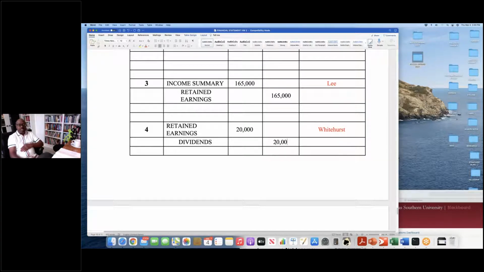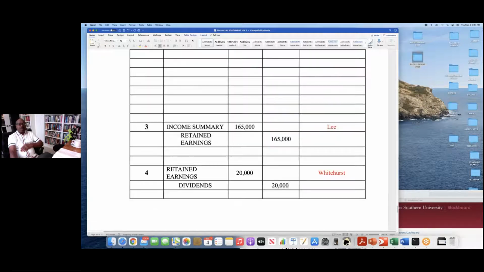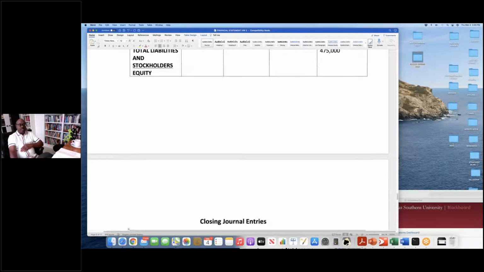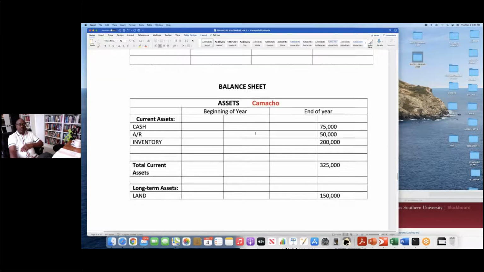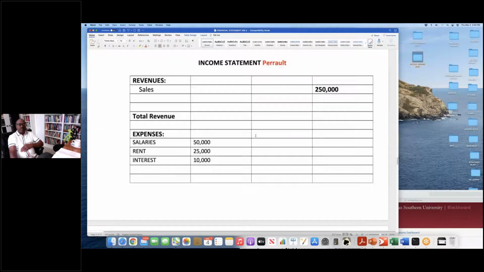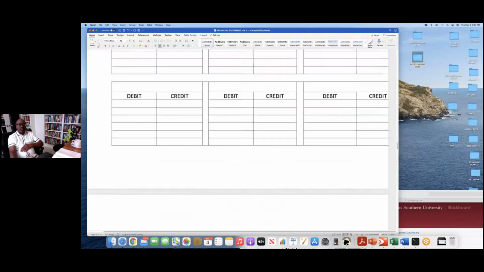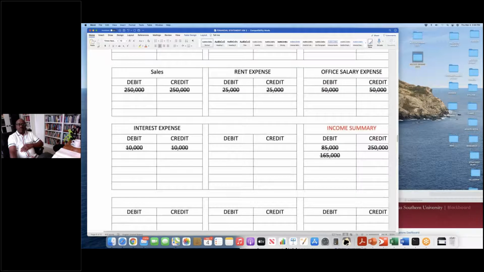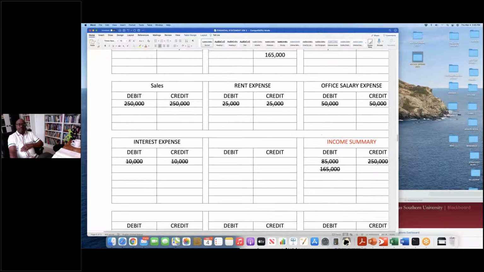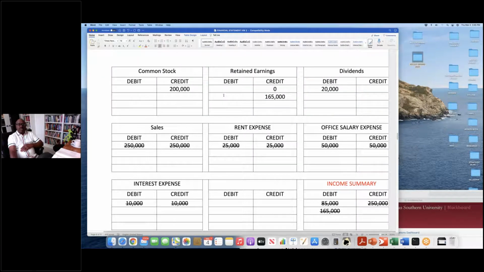Now let's post this entry. So we go and we post this. So we go debit retained earnings for 20,000. We're going to credit dividends for 20,000.